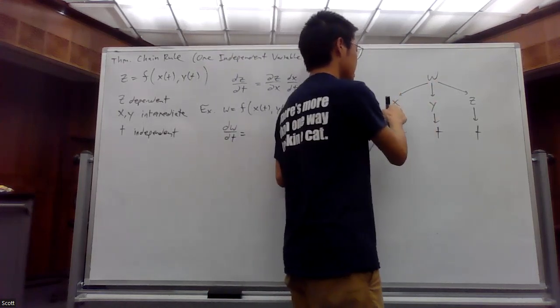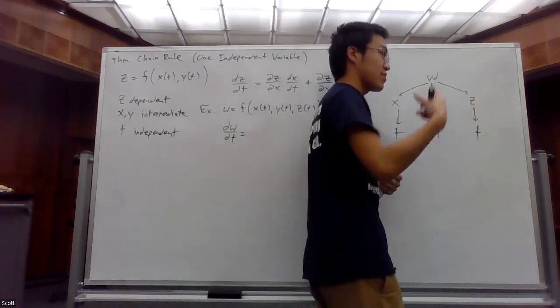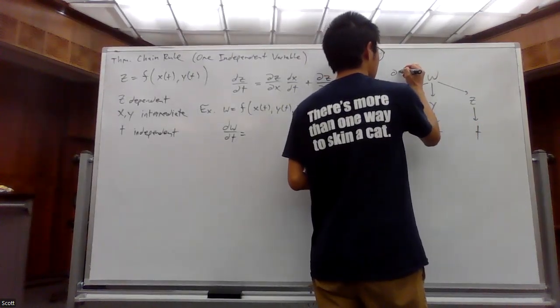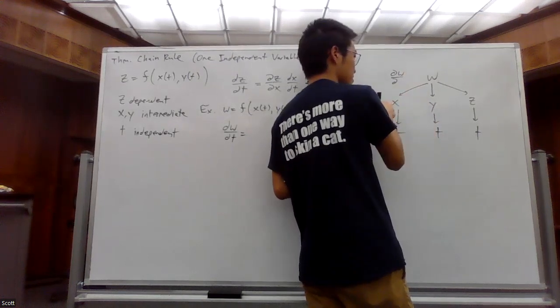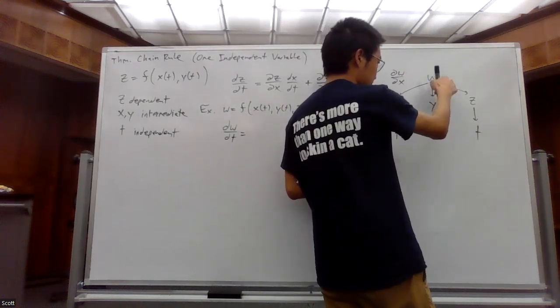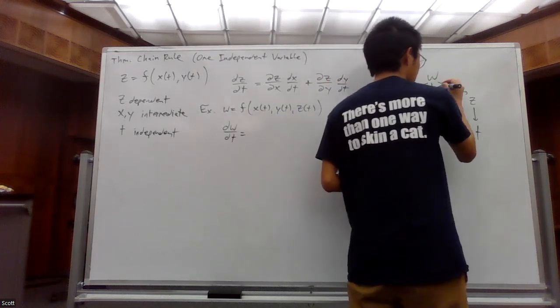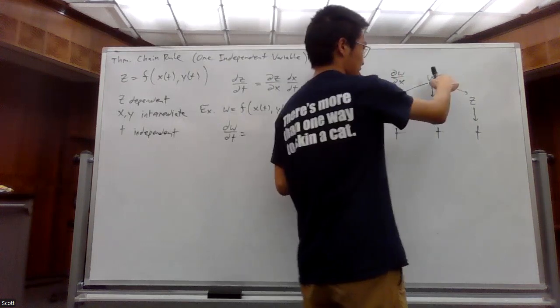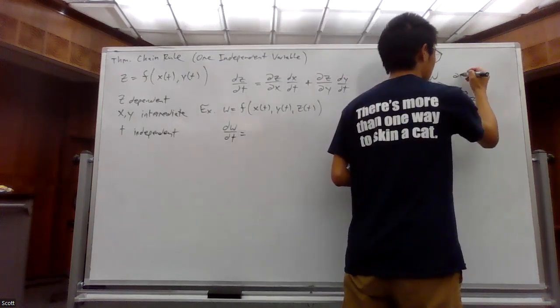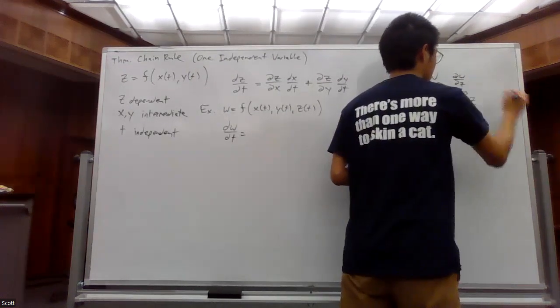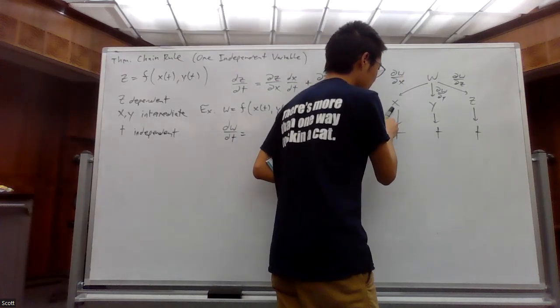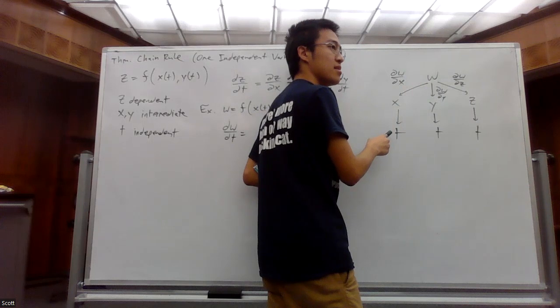Right, the answer is it's more than one, so that means we've got to be doing partials. So from here to here, that's going to be a partial derivative with respect to x. And then this little guy going from w to y is going to be the partial of w with respect to y. And then in this direction is the partial of w with respect to z. Okay, cool. But now, how many variables is x depending on?